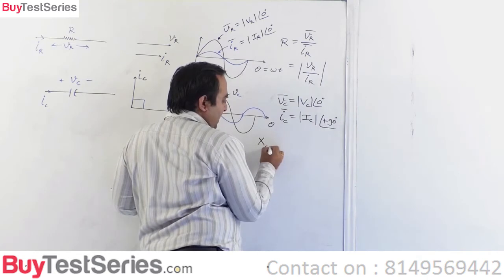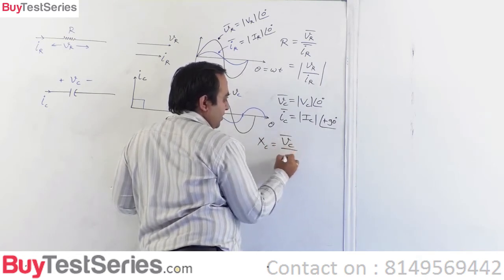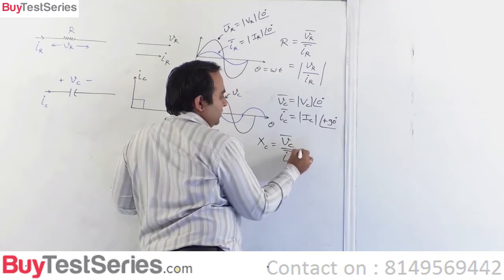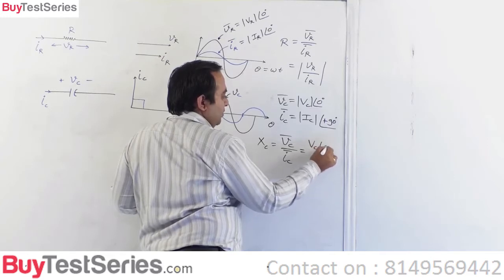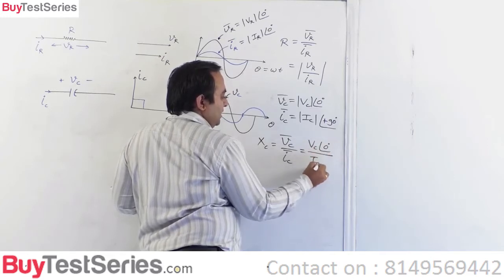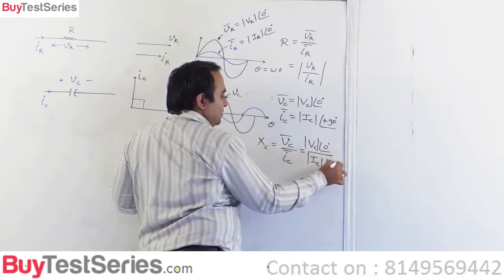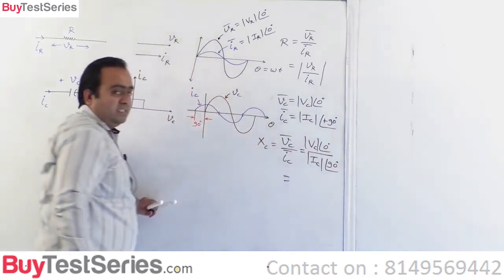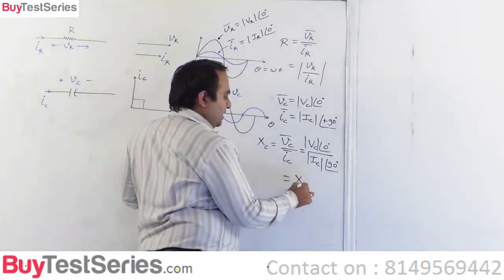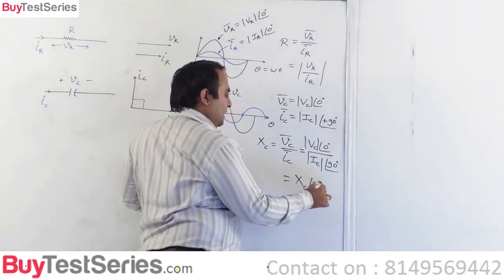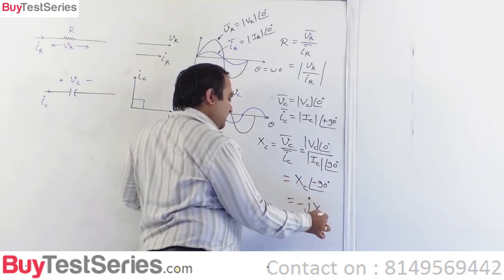So the reactance XC, which is VC phasor upon IC phasor, becomes VC angle 0 upon IC, these are magnitudes, angle 90 degrees. So VC by IC becomes what? XC, the capacitive reactance. So XC angle minus 90 degrees, or you can call it as minus jXC.